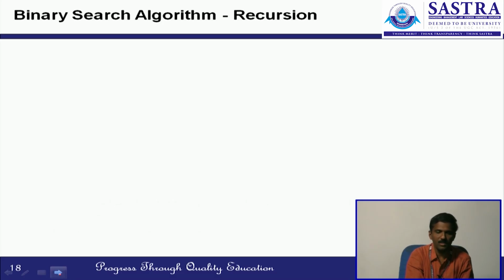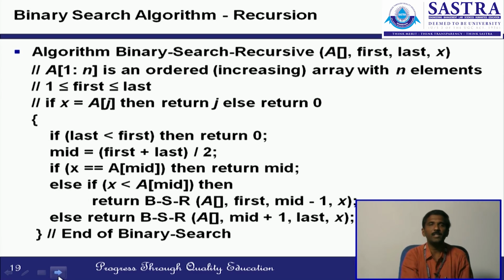Now, see the complete recursive binary search algorithm. Binary search recursive, this is the name of the recursive binary search algorithm. Parameters are A array, first comma last comma x. A is the one dimensional array which consists of n elements.